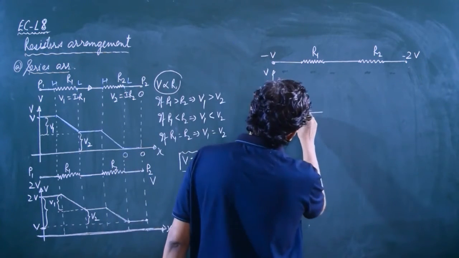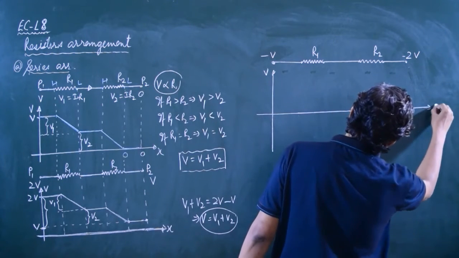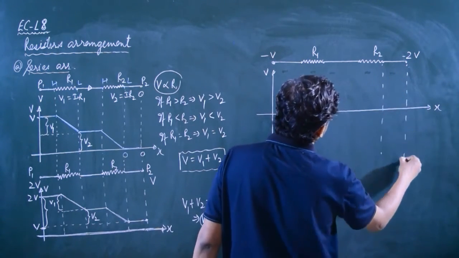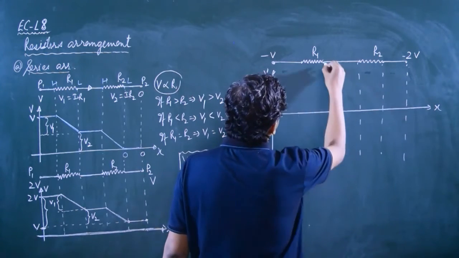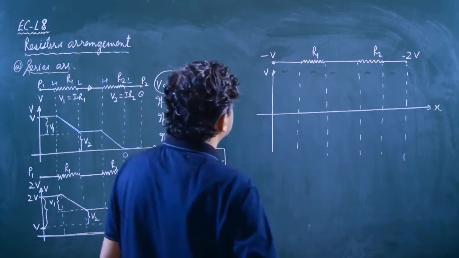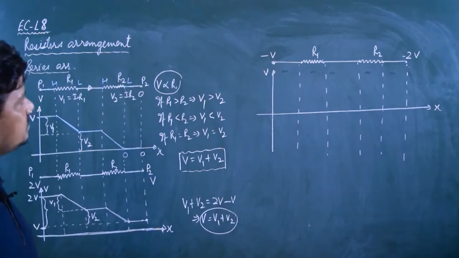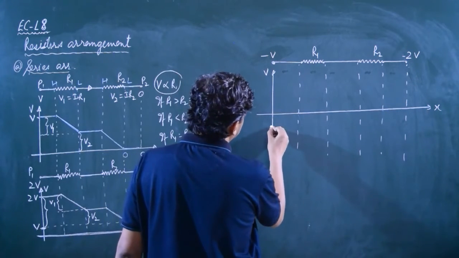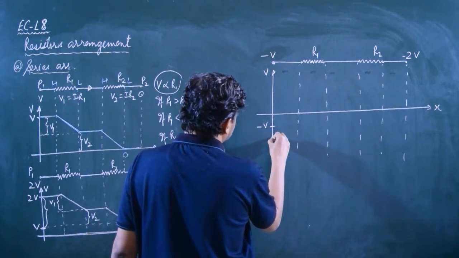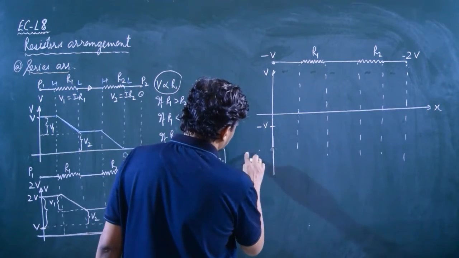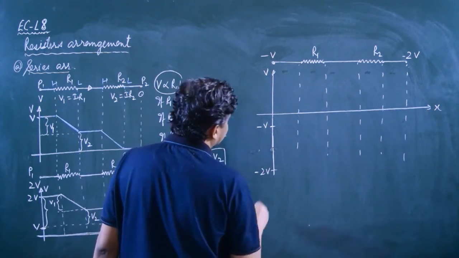Now we have to draw the potential and position graph again. So I have to start from minus V now. So it is minus V and comes to minus 2V. Suppose this end it is minus 2V.